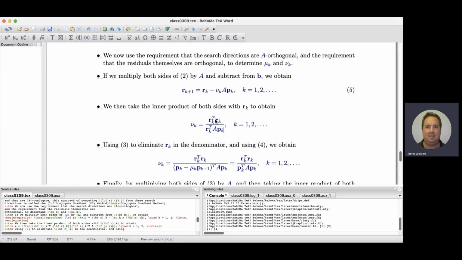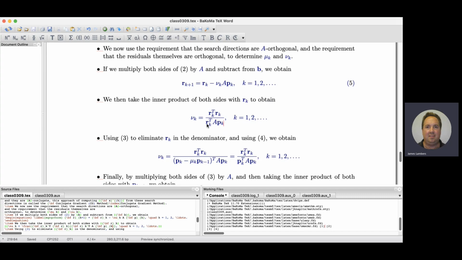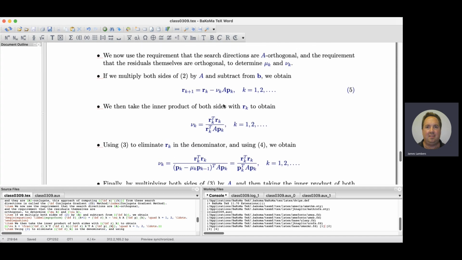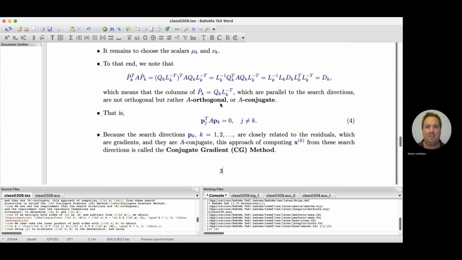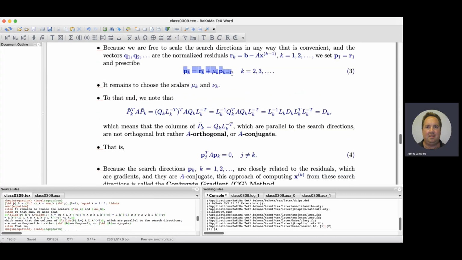But I'm not going to settle for this formula. Here I have this inner product, but with these vectors being different. What I can do is keep in mind that I have this relationship between the residuals and search directions.